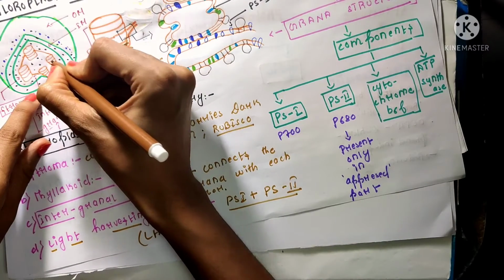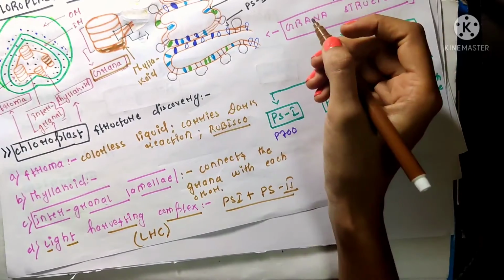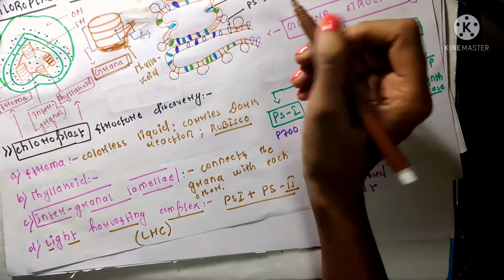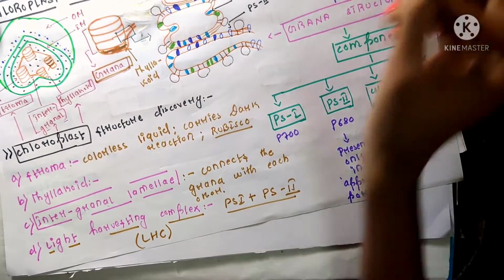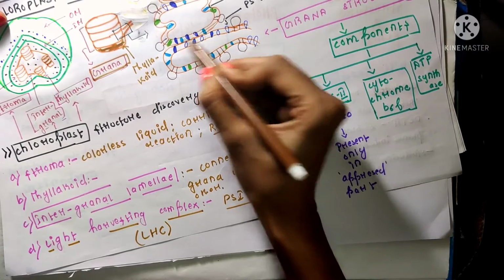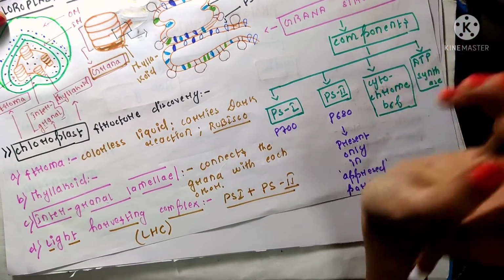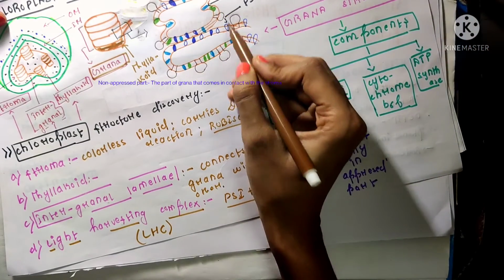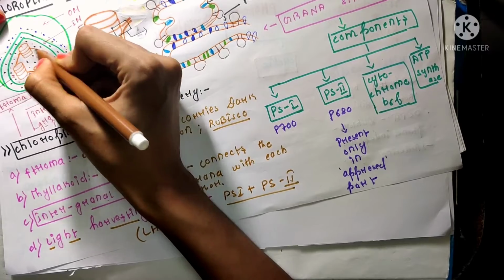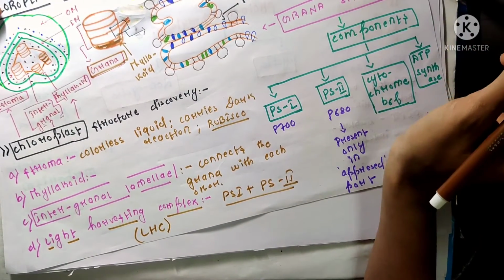This part is called the appressed part, excuse me. Why is it called the appressed part? Because it is not in contact with the stroma. And the non-appressed part is the part which is in contact with the stroma, like this. This intergranal lamellae, which is in contact with the stroma, is called the non-appressed part of the grana.